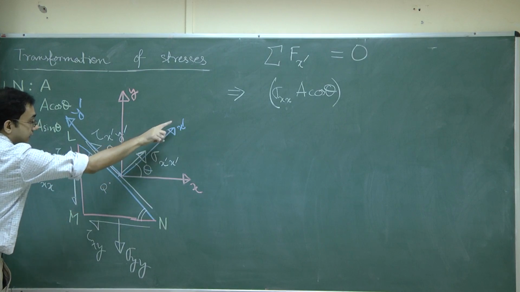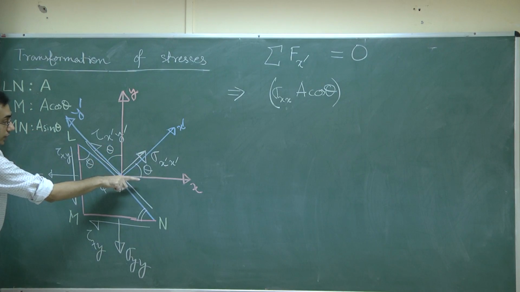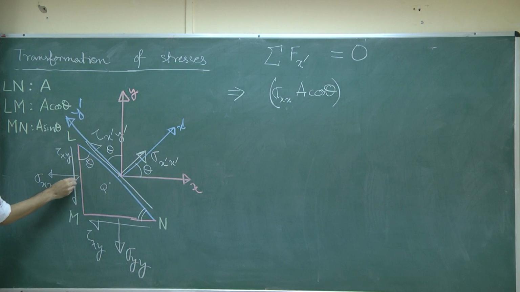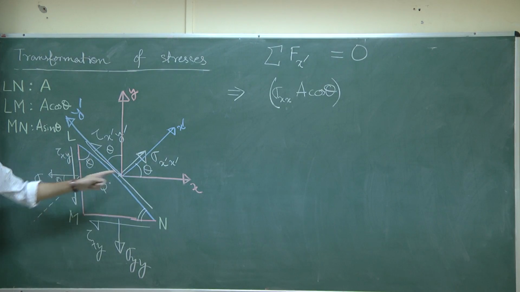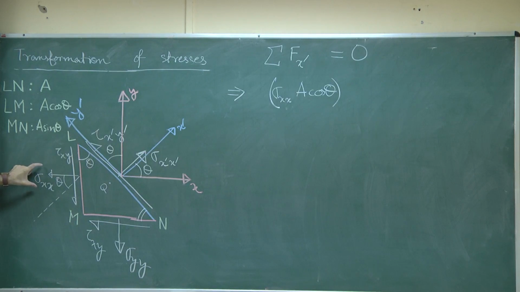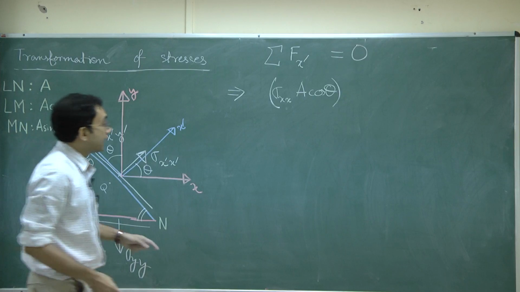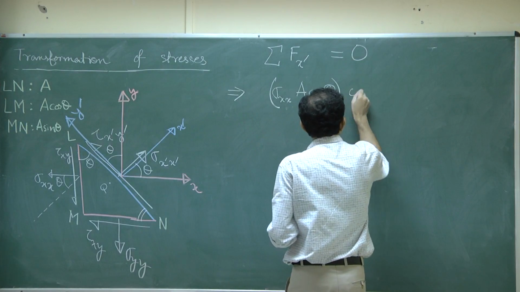It is oblique like this, oriented at angle theta with the horizontal. I have to tilt a straight line like this and write this as my theta. So, this is theta, these are vertically opposite angles. So, the force component contributed by sigma xx will have to be taken along this direction, and because this is tilted at theta to the horizontal, I will further need to multiply this force by a cos theta.